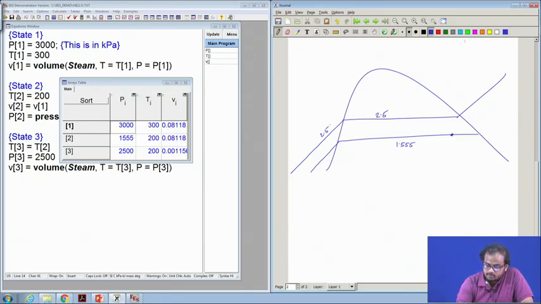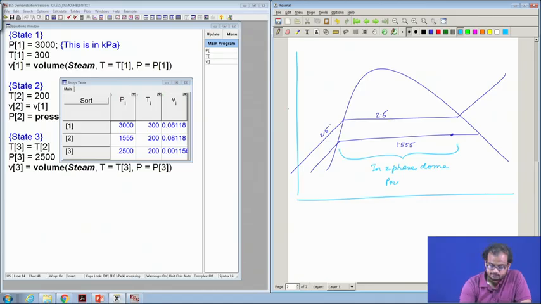We know that as long as I remain inside the two-phase dome, or the saturated dome, if the process, so this is the T axis, this is the V axis, if the process remains isothermal, then inside the dome it is also isobaric.